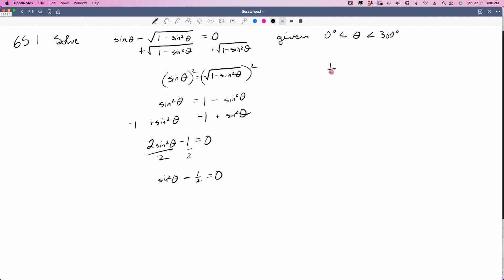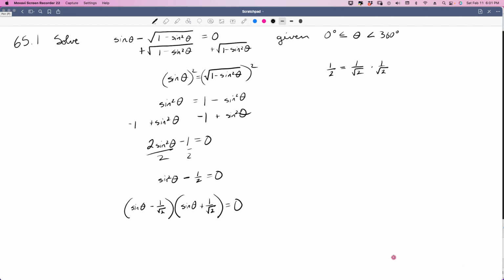Well, if you think about 1/2 and you think about radicals, then you know that 1 over the square root of 2 times 1 over the square root of 2 is going to equal 1/2, because the square root of 2 times the square root of 2 is 2. So we can factor this as a perfect square using the radical version. So I'm going to do that now.